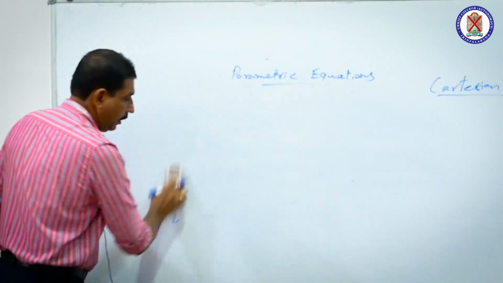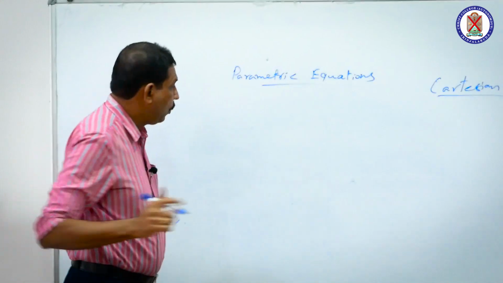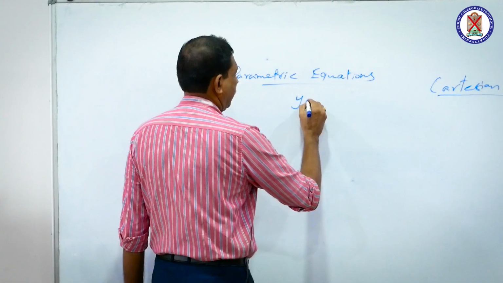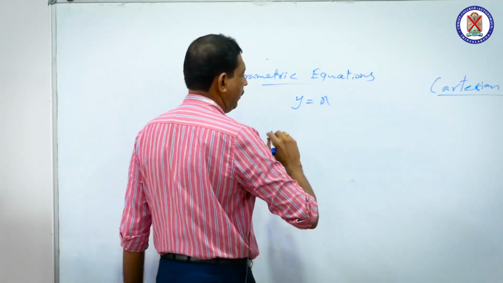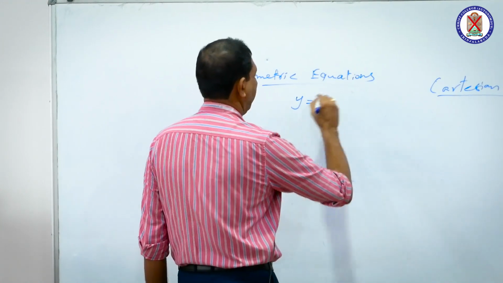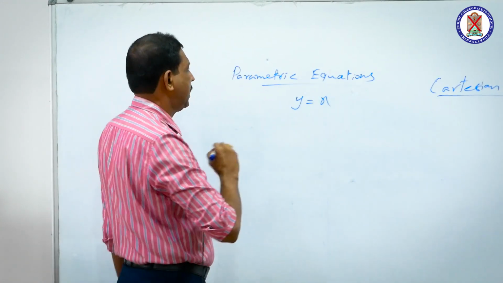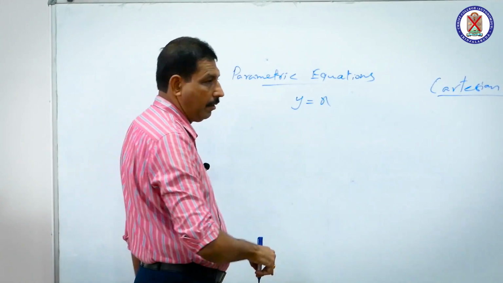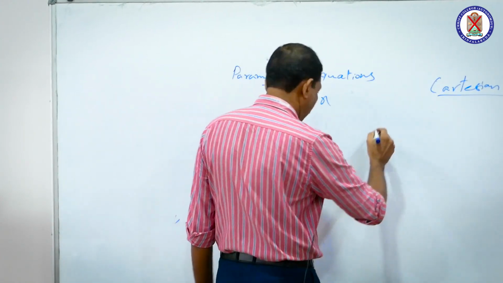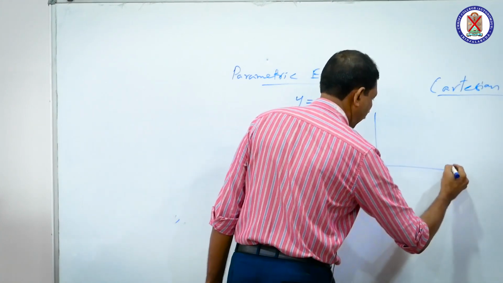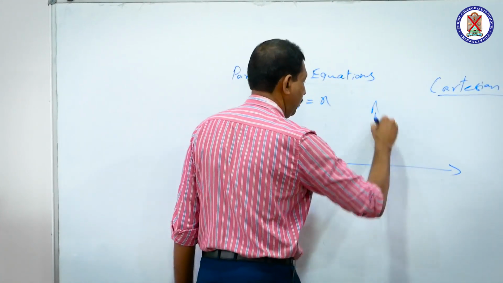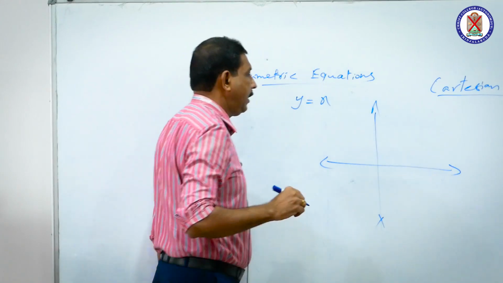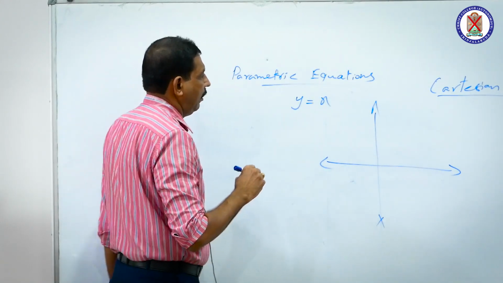For example, consider y equal to x, that is, y is a function of x, simply the identity mapping. You can draw this function as a curve on the Cartesian system like this.